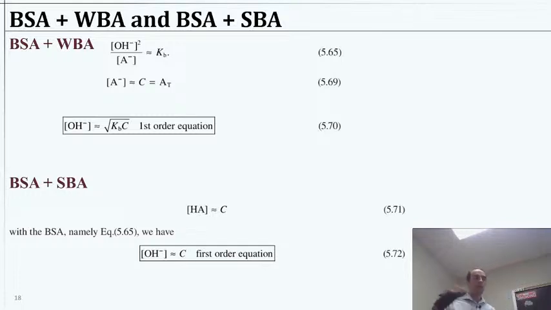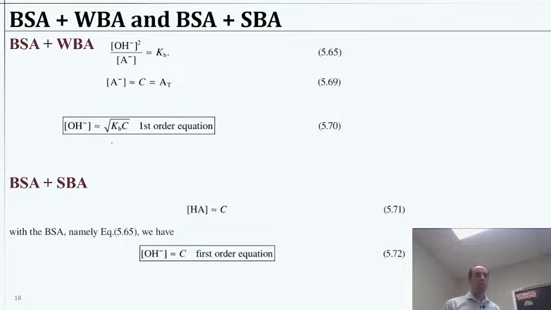Here we have some definitions of what a weak base is, meaning that it's mostly going to be in the A minus form and not the NaOH form, let's say. Then under these conditions, we can get just the same square root condition.